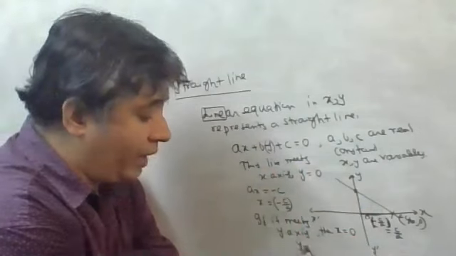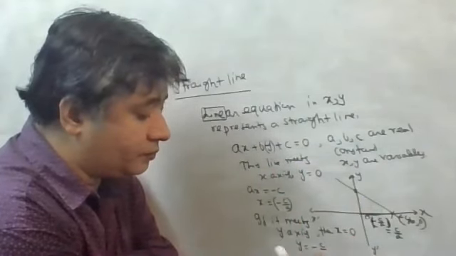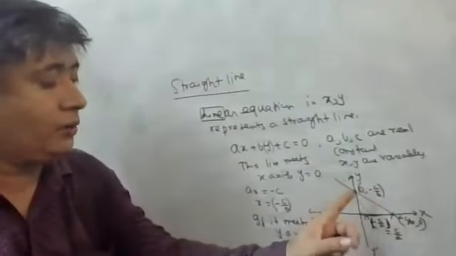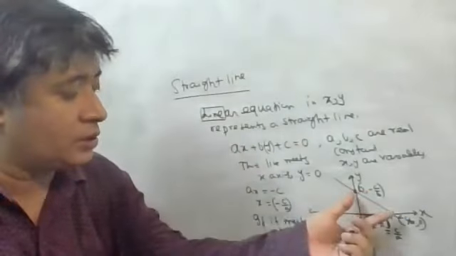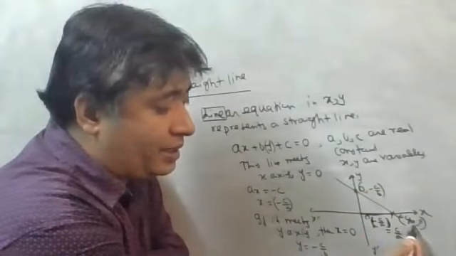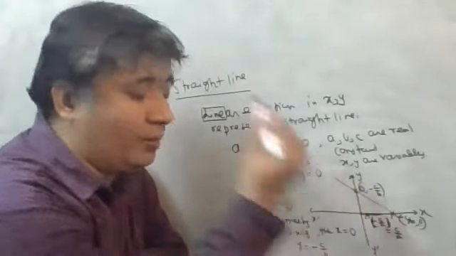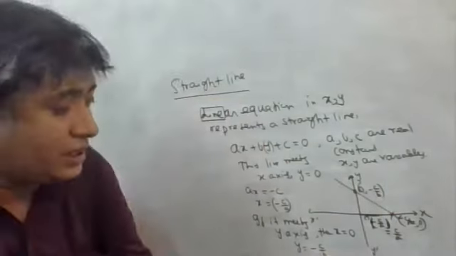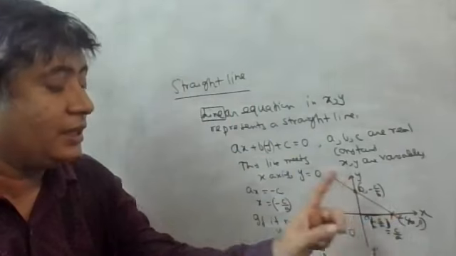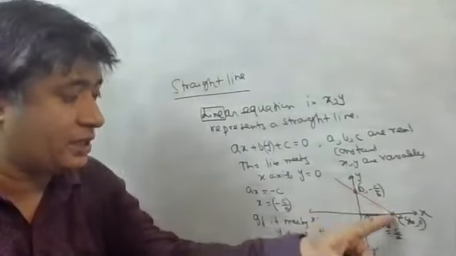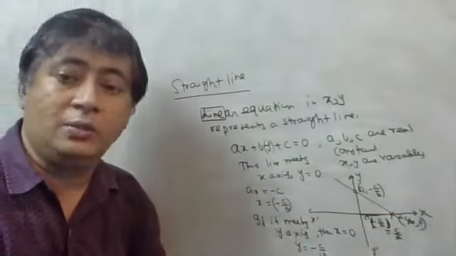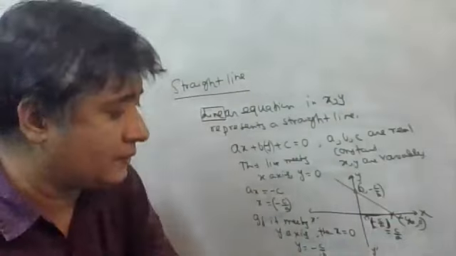Put here, y will be minus c by b. So this point will be 0 comma minus c by b. In this way, if a linear equation meets the coordinate axis, the point of intersection with the coordinate axis can be found in this manner. Hope you understood. So these are the basic properties.